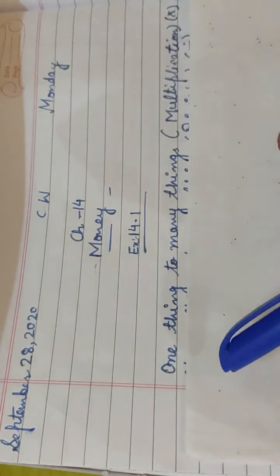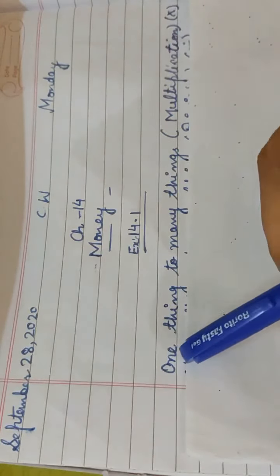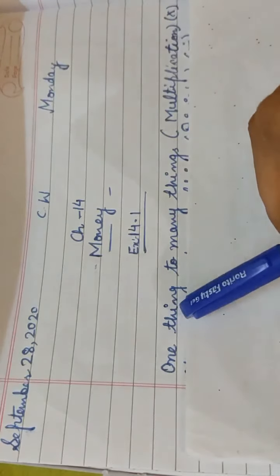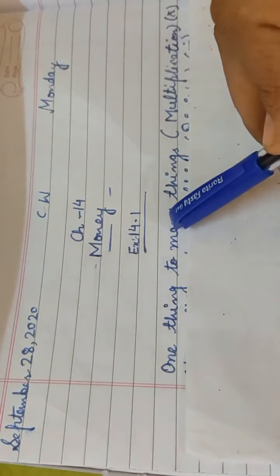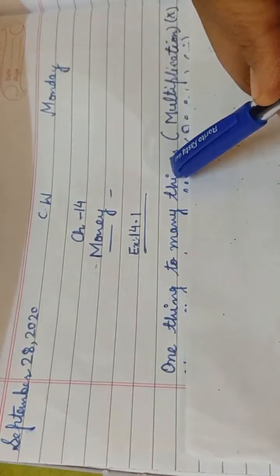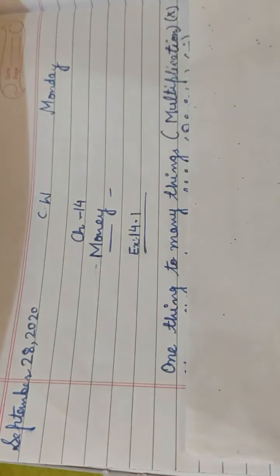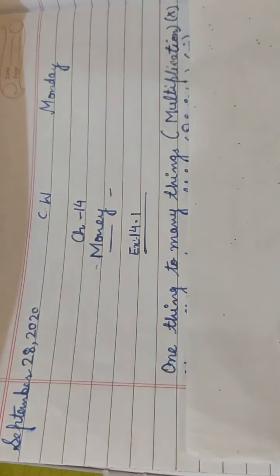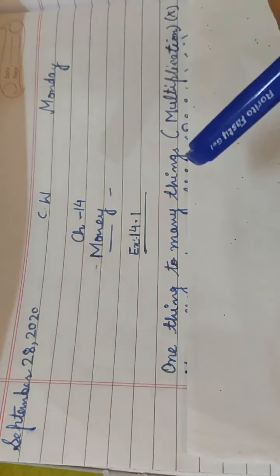This is the basic thing, that if one thing is given to you and you have to go to many things, like if the cost of one table is given and you have to find the cost of 25 tables, so what you will do, you will multiply the cost of one table by 25.